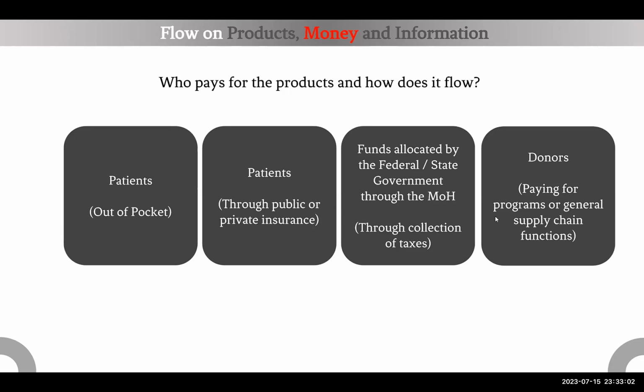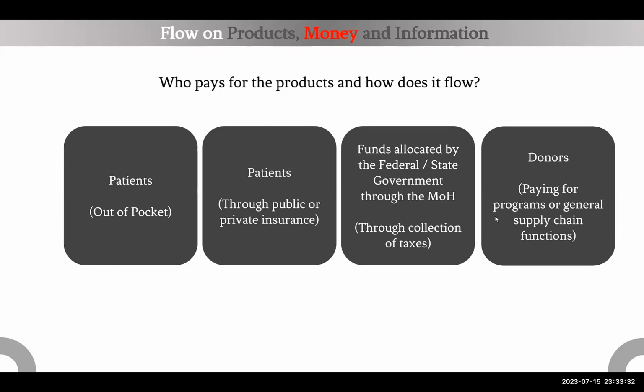USAID is a major donor who pays for multiple programs such as reproductive health, family planning, and some NCDs. There is the President's Malaria Initiative, which pays for malaria. Similarly, multiple other donors may pay for certain programs, the products linked to them, and also supply chain functions. So the patient does not have to pay for it.